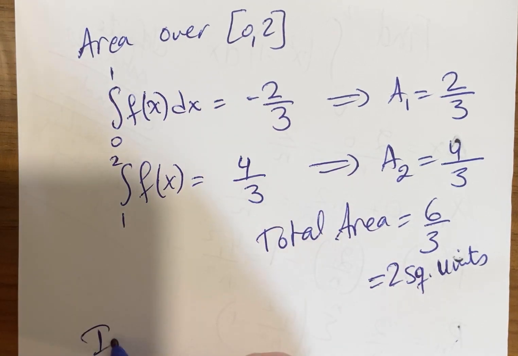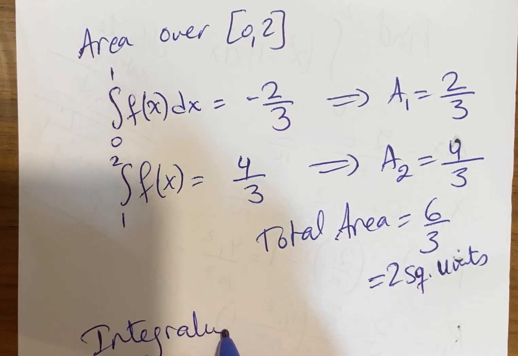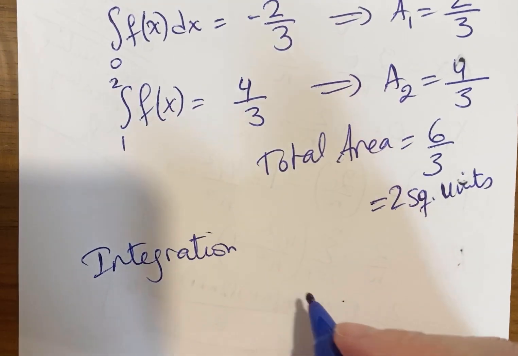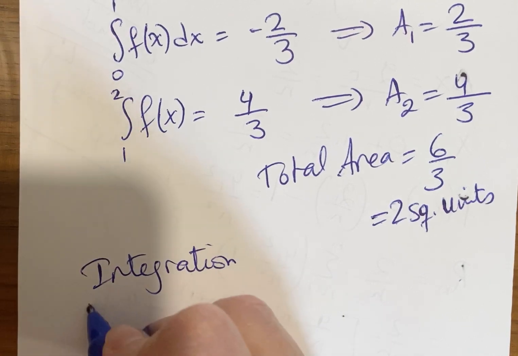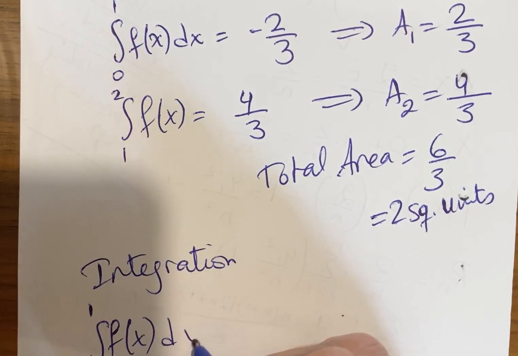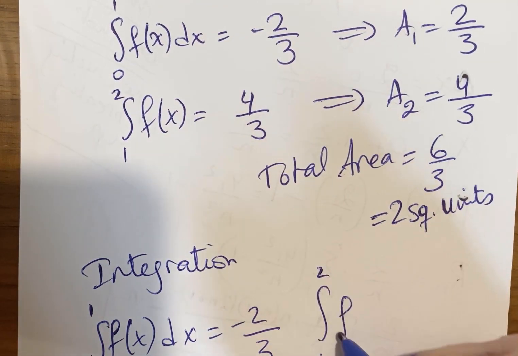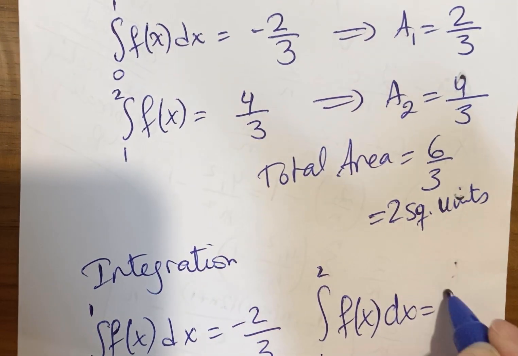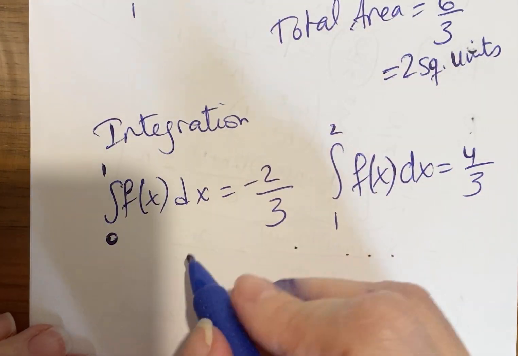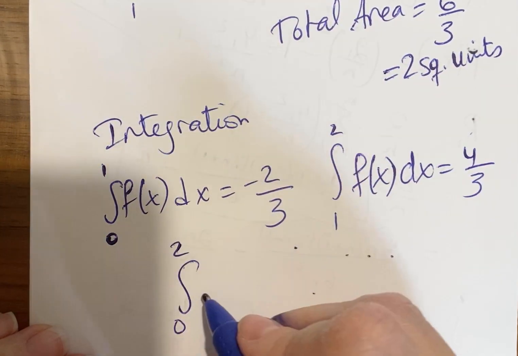Now, for integration, did you notice? What will the integral be? Integral from 0 to 1 of f of x dx is minus 2 over 3. Integral from 1 to 2 of f of x dx turned out to be 4 over 3. What is the integral from 0 to 2?